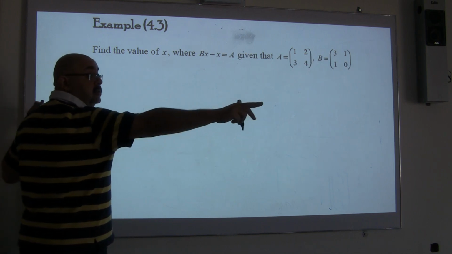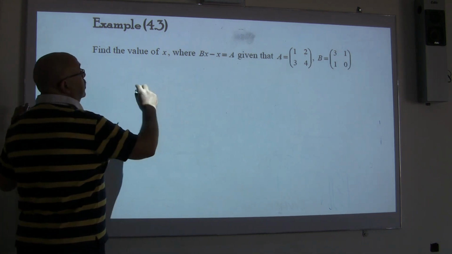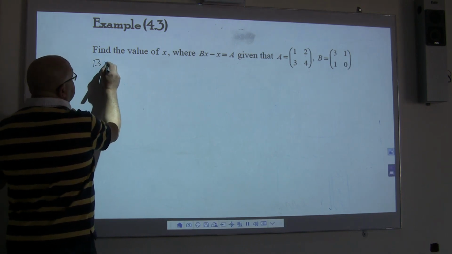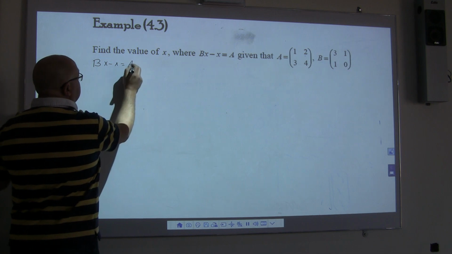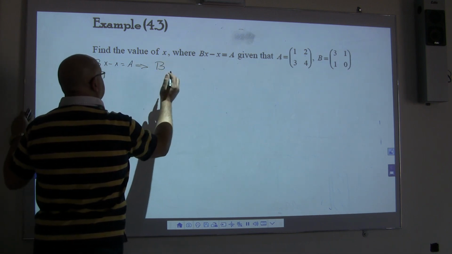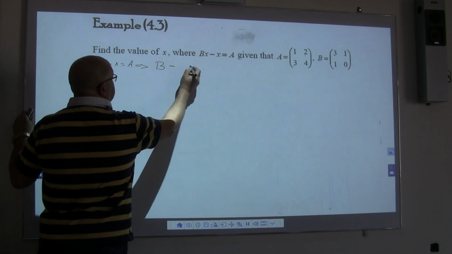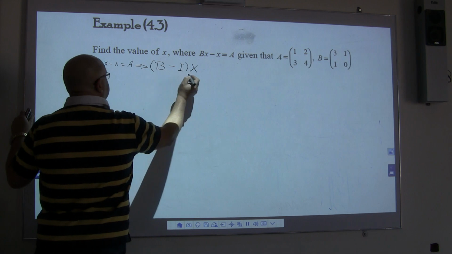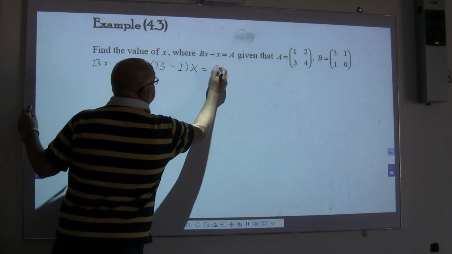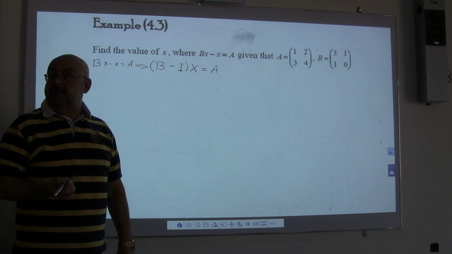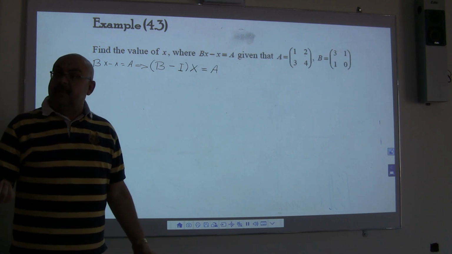So it's BX minus X equals A. That's going to lead us to take X as a common factor. So it's going to be B minus I times X, which is going to equal the A matrix. So I've taken this as a common factor.